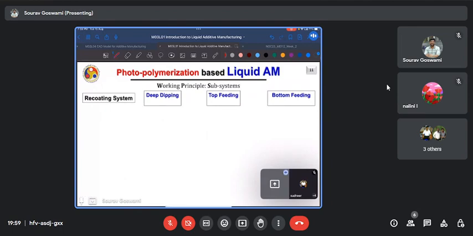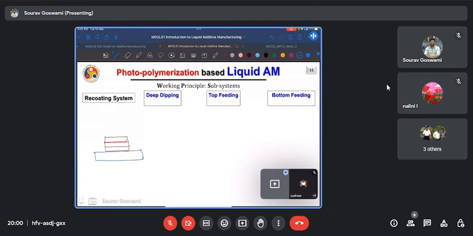Recoating is another consideration, and such processes may have been classified on the basis of the recoating system. Recoating is where I am actually delivering. So in liquid-based AM processes, say I have built these couple of layers on top of a build plate or a substrate.